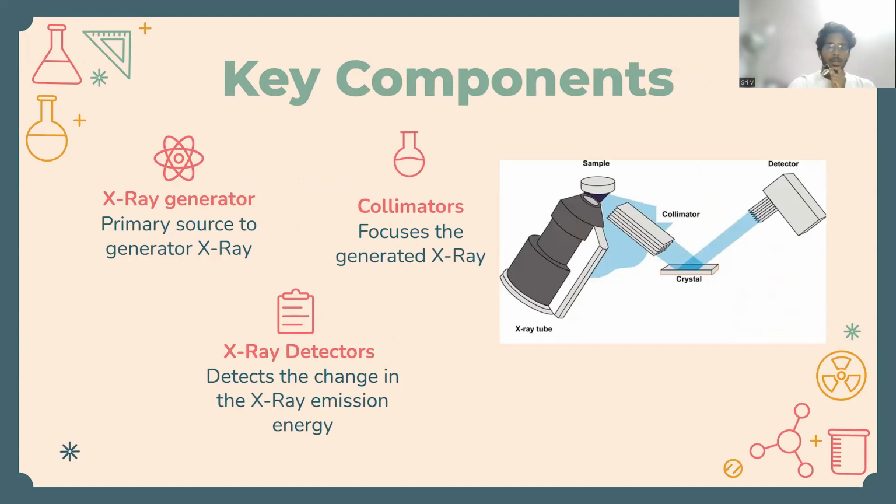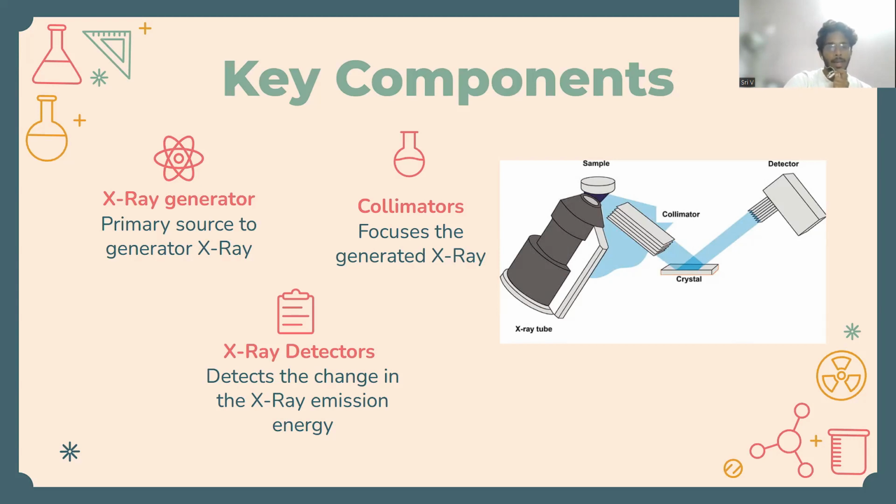Next, let's look at the key components of the XRF spectrometer. The primary components include the X-ray generator, as all XRF spectrometers require a source of X-rays, and these are usually provided by an in situ X-ray generator or less frequently by a radioisotope material.